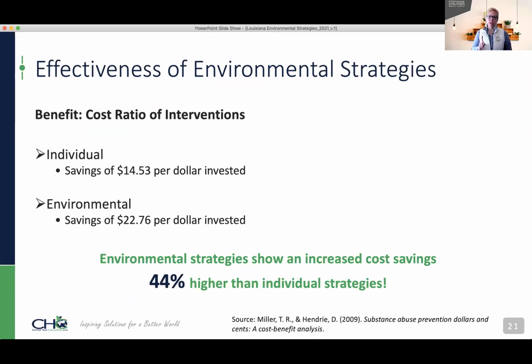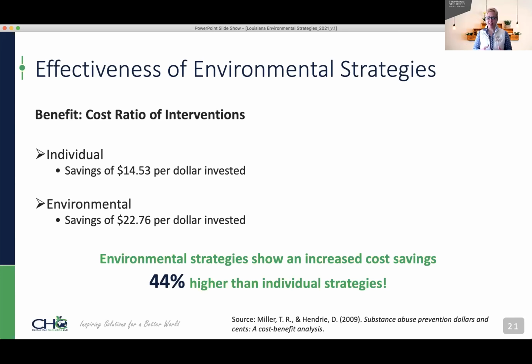And one thing that I really like to share with coalitions is that individual strategies save approximately $14.53 per dollar invested in prevention. And so we're experiencing these savings based on medical intervention, based on the education system, based on judicial intervention or law enforcement, EMS calls, so different systems in our communities that are funded through taxpayer monies.